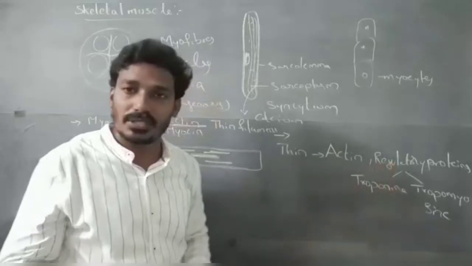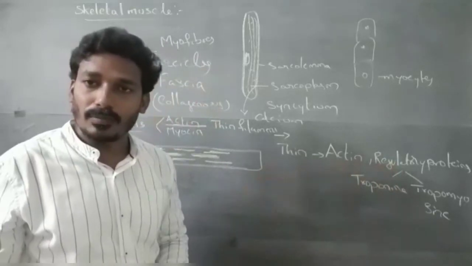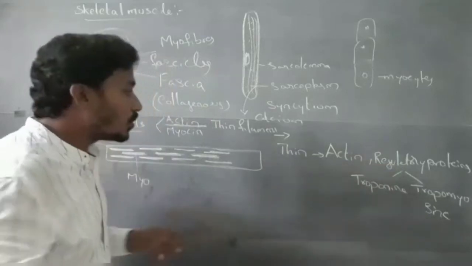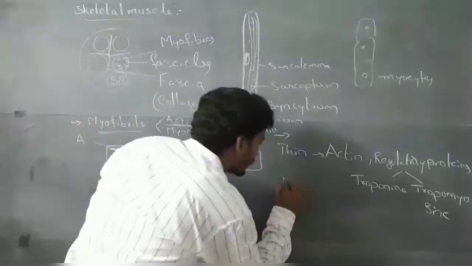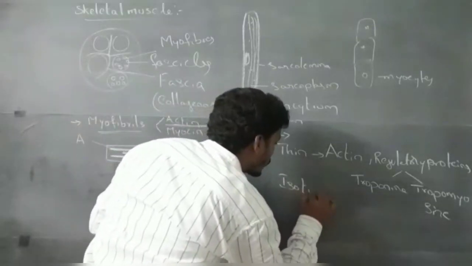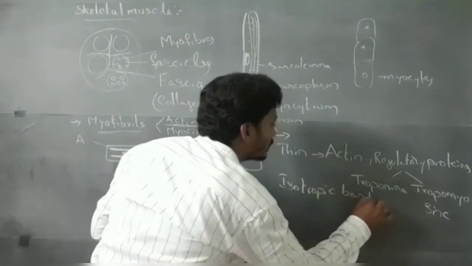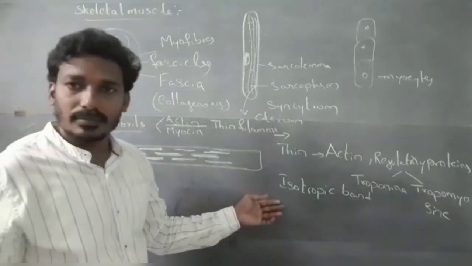These three are present in the thin filament. The thin filament is also called the isotropic band.